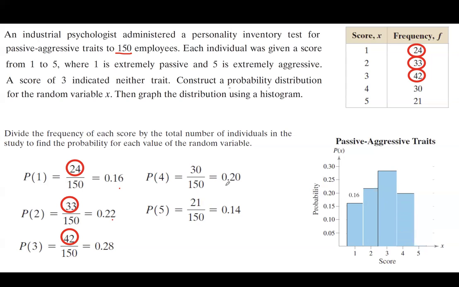Then you have score 4, 20%. The bar starts going down, decreasing, and then the last score is 14%, obviously the smallest bar here. So this is the distribution of the scores in the class, or in this case, the distribution of these scores in the personality inventory tests for 150 employees.